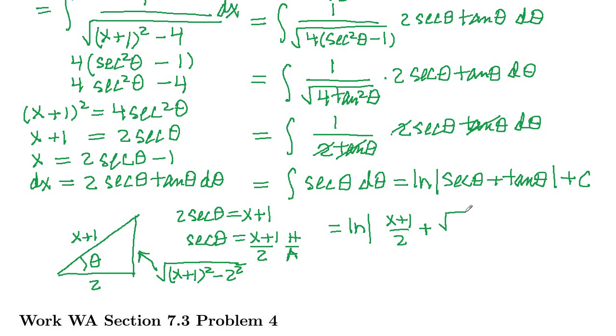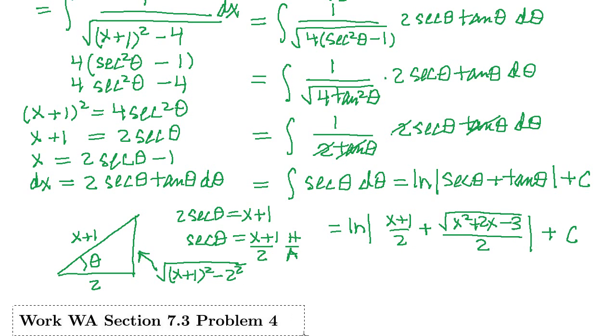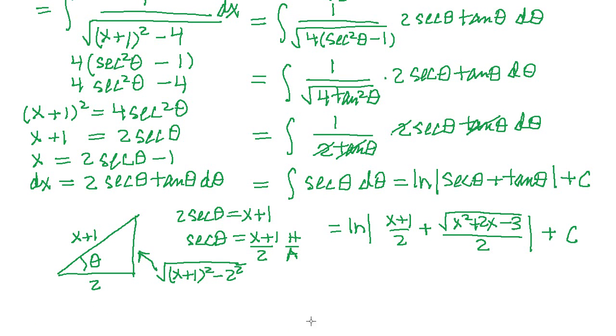So this will be the square root of x squared plus 2x minus 3, which is this one simplified, and then divided by our adjacent of 2, plus a constant. And we've got it. So that one was a little bit more involved with completing the square, but on the end here, with our integral, we didn't have to do any substitutions to find that integral. We just used the formula.